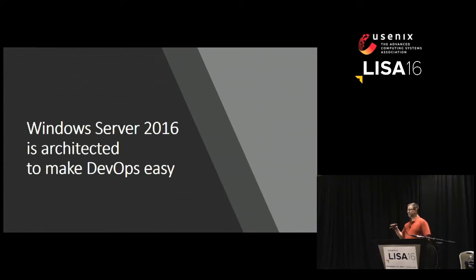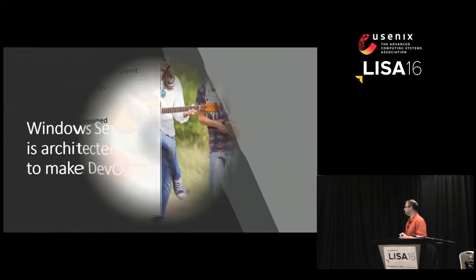What are the issues? And then I architected those issues away in Windows Server 2016. As part of the planning for the Windows 2016 release, I had a specific design goal to make it a better operating system to practice DevOps. And I'm going to talk about what that actually entailed.